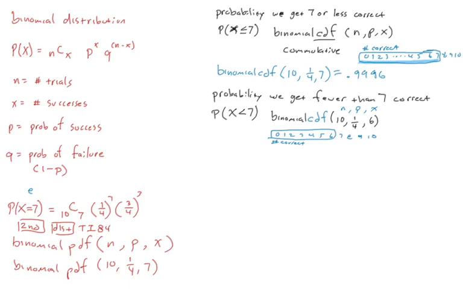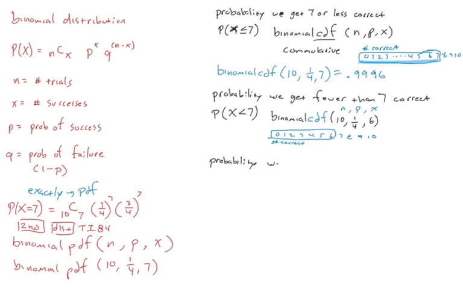Now if I plug the number 6 into my calculator, it's going to include that value and everything below it. So exactly one value is always PDF. If we have more than one case, we're going to use a CDF.